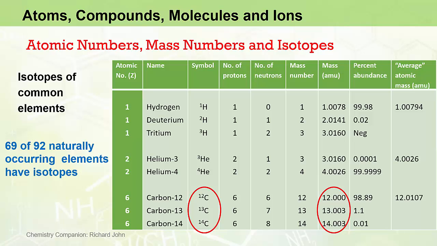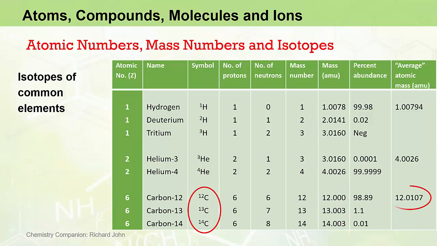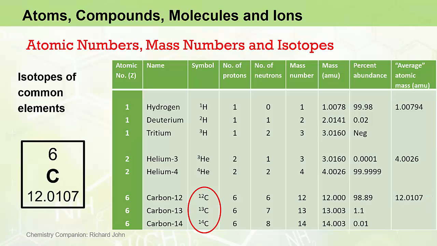So this gives the average mass of a carbon atom, when the relative abundances are taken into account, being slightly above the mass of carbon-12 at 12.0107 atomic mass units. And this is the atomic mass that you will find on the periodic table under the chemical symbol for carbon. So the atomic mass that appears under the symbol of an element in the periodic table is actually the average mass of all the available isotopes when their relative abundances are taken into account.